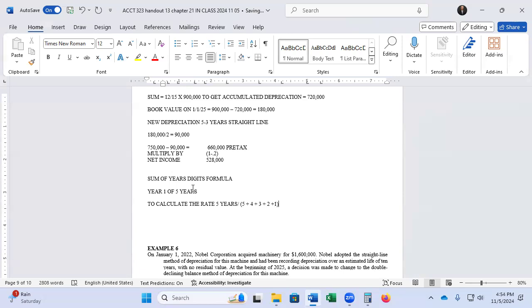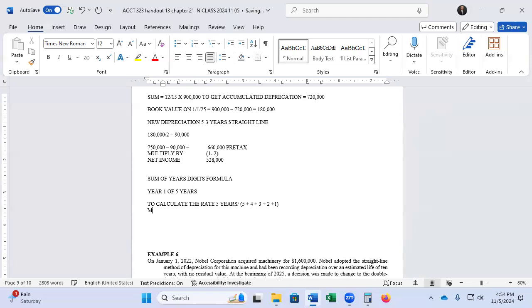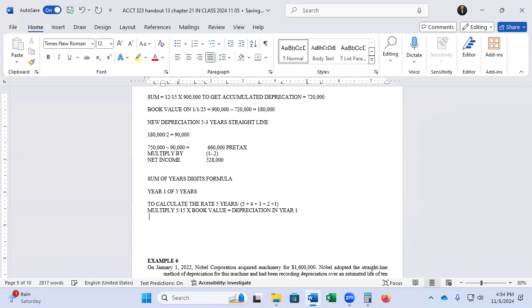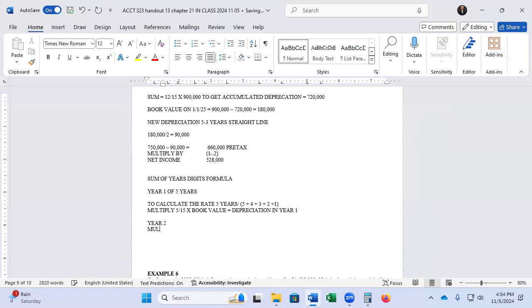And so that's your depreciation rate for the first year. So you multiply 5 over 15 by the book value, and that equals your depreciation in year 1. Now in year 2, you would multiply by 4, the number of years remaining, over 15 times the book value, and that'll give you depreciation in year 2.